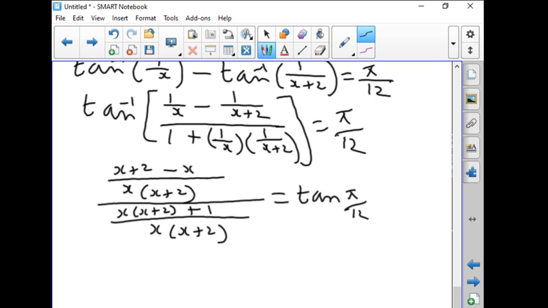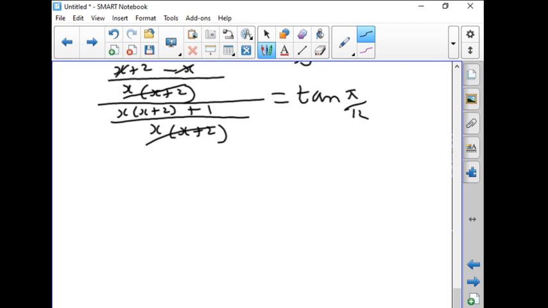So here now this gets cancelled. Okay, this term gets cancelled and minus x and plus x gets cancelled. Therefore, we get 2 by x square plus 2x plus 1 is equal to tan pi by 12. Pi by 12 is 180 by 12.